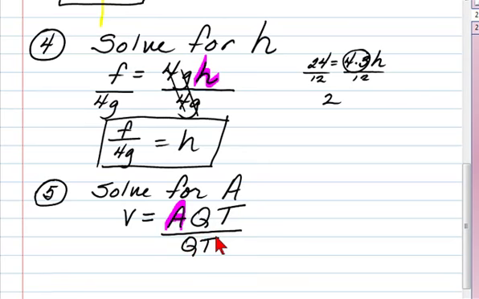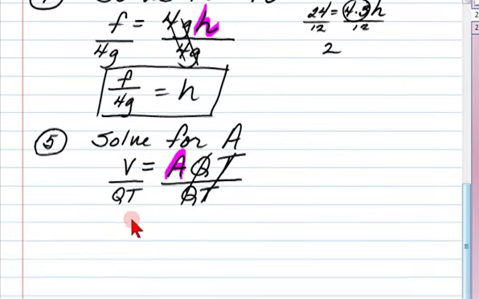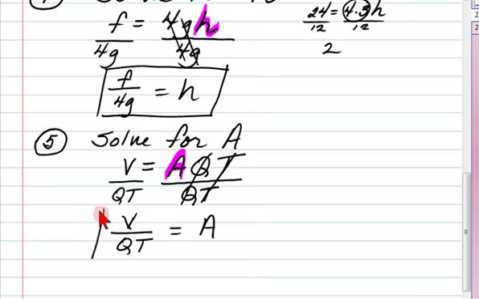Just like in the previous problem, I divided by 4g. Does that cause the Q and the T to divide out? Yes. So then you need to divide the other side by QT. And what do you get when you divide V by QT? A equals V over QT. I'm going to have an A on the right-hand side, and it's equal to V over QT.